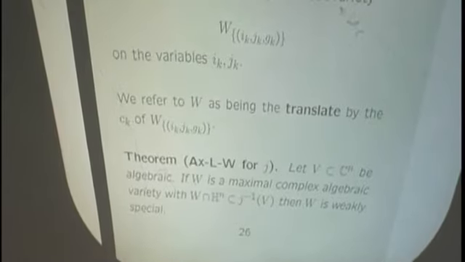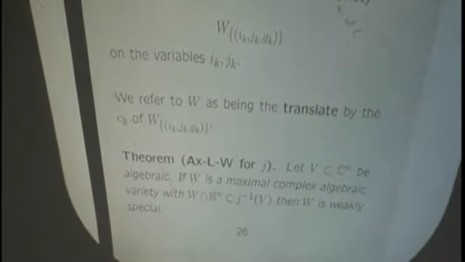Now, a data like that, if I forget about the ones that are constant, I get what I call this W subscript with the i_k, the j_k, and the G_k. So that's on some subset of the coordinates, and that now has only the GL2(Q) relations. And I'll refer to the weakly special subvariety as being a translate of that W by the various fixed coordinates.